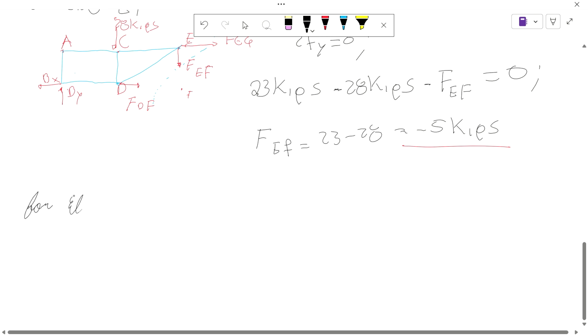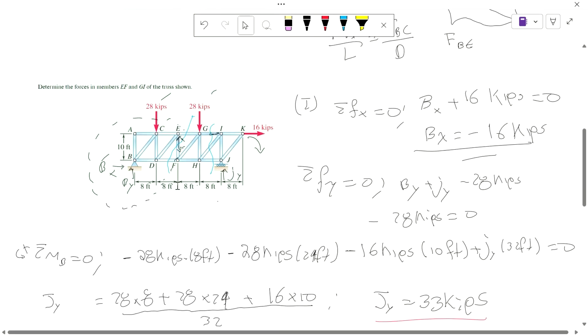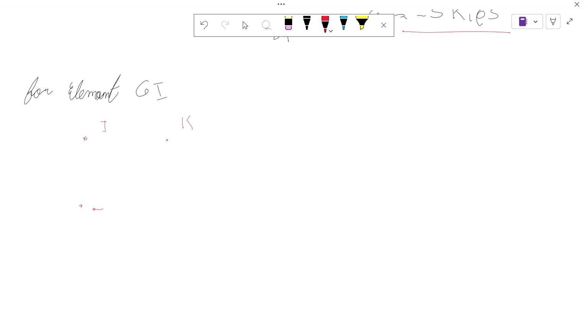For element GI, we have to consider the triangle from I to K. Let's see what the points are. The other points are I to K and J, which is down here, J. Okay, perfect. So this element right here will be like so.